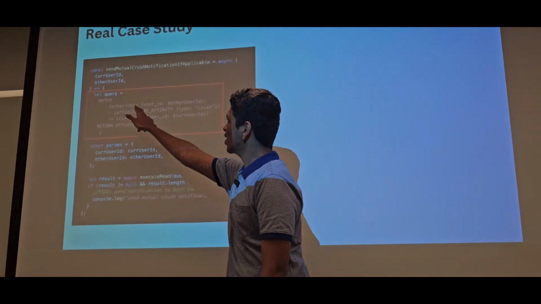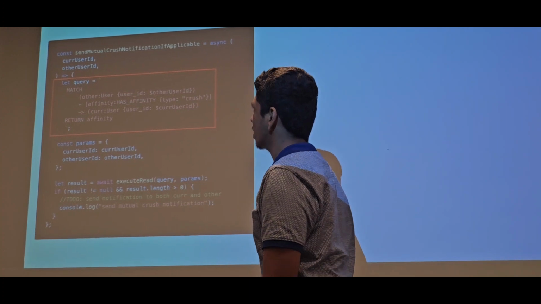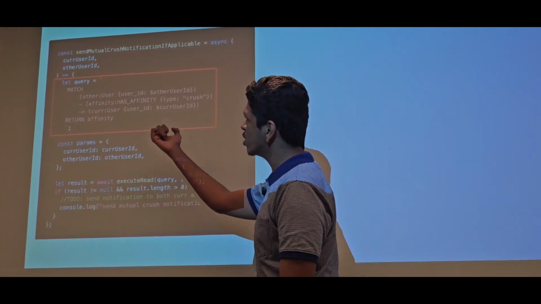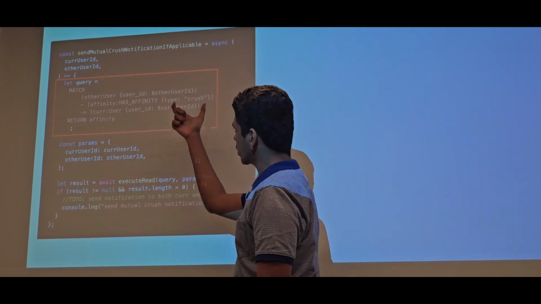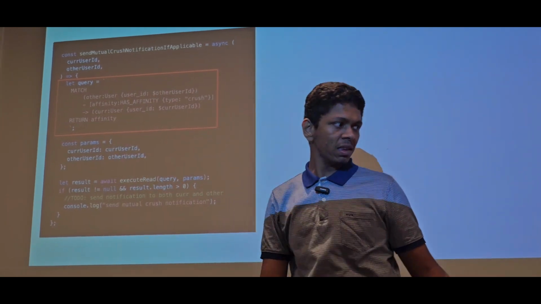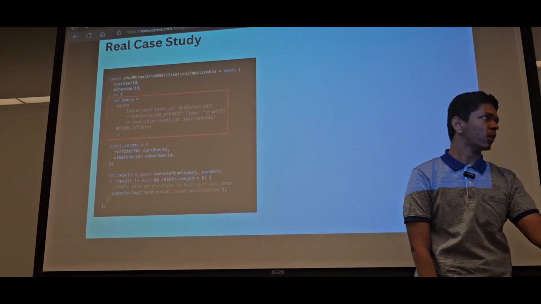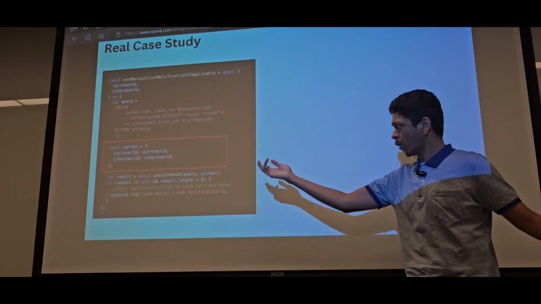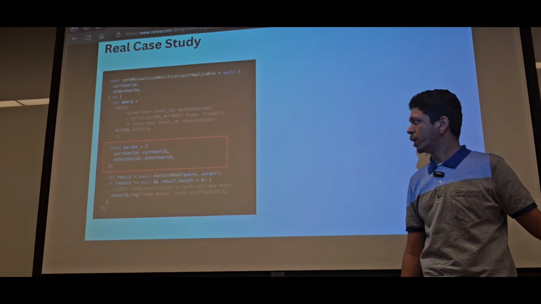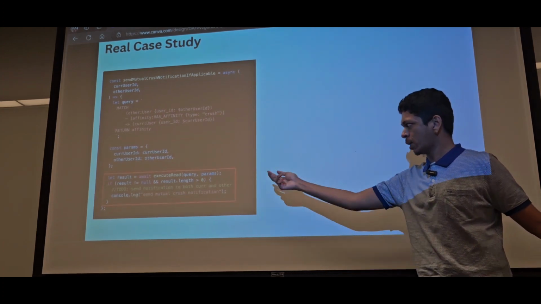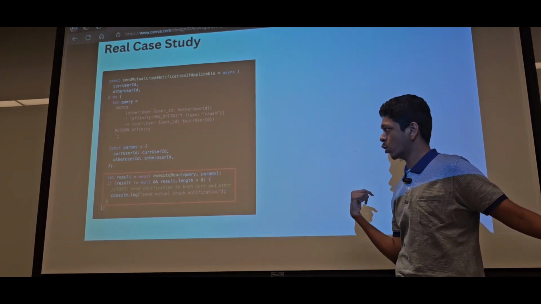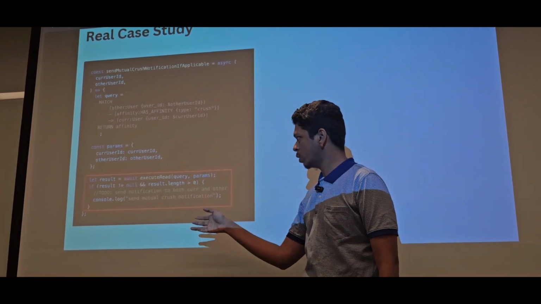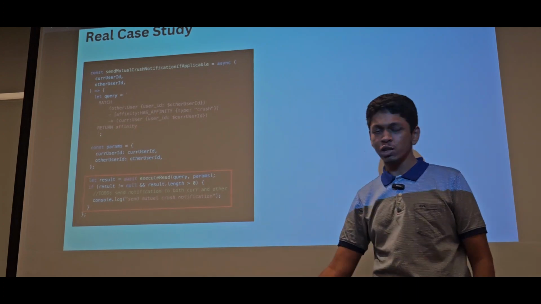So we match the other user ID, affinity has affinity type crush, current user ID. Then, as it is a best practice, we do it in a parameterized query way. We define the params, we execute the read, which is by the way a custom function which I will show you. If the result length is more than 0, we just send the notification.